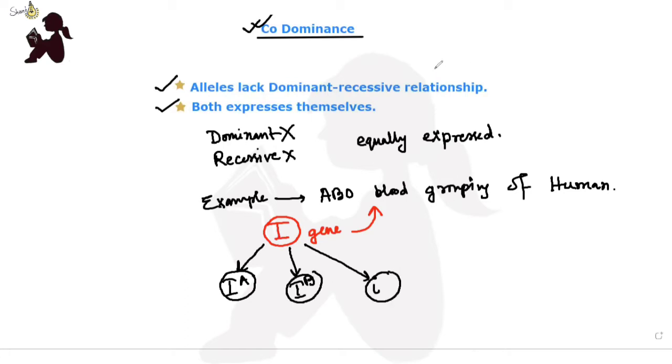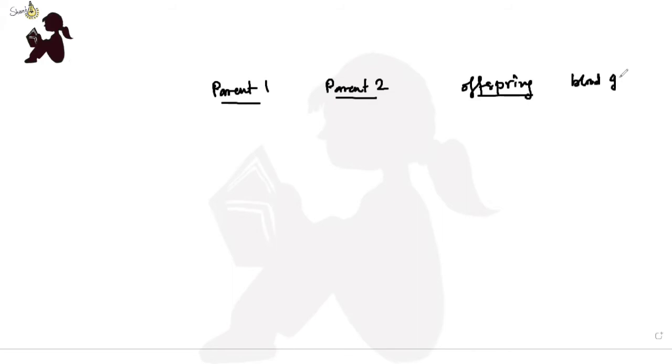Now we will see the possible combinations. This is parent 1, this is parent 2, and here the offspring and the blood group of the offspring. The alleles are IA, IB, and small i.